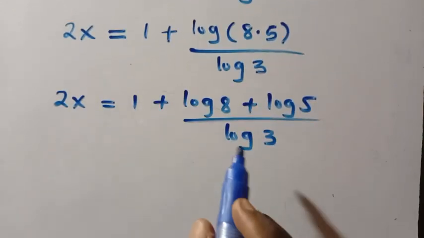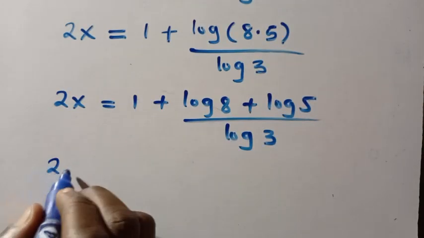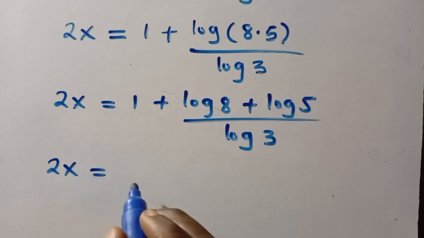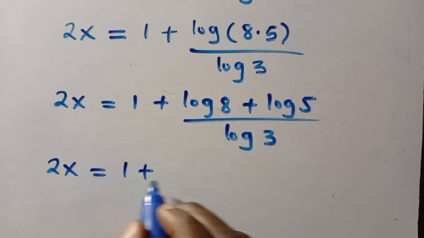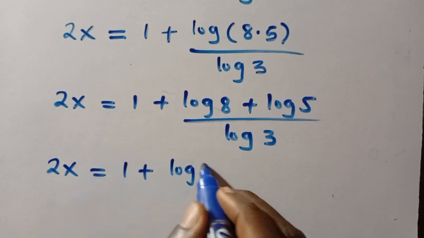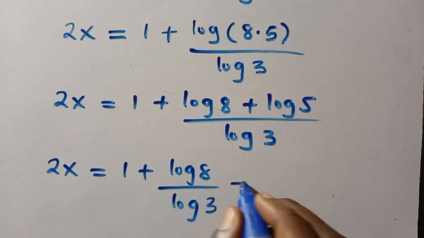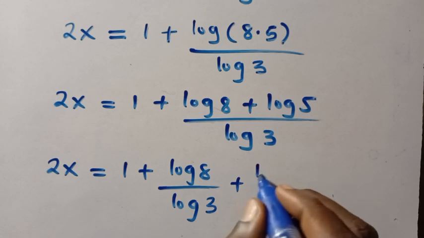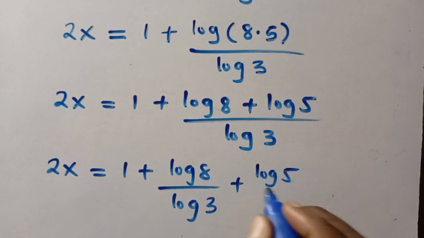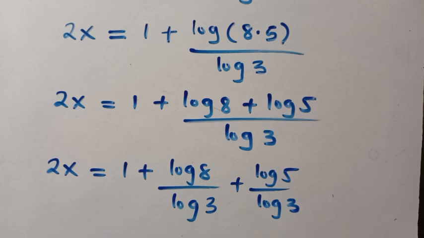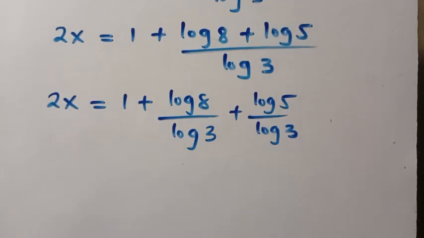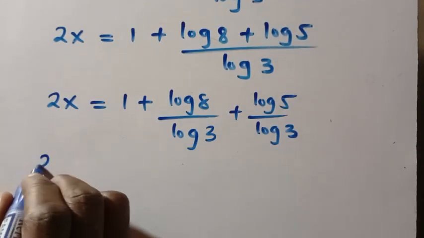Then let's separate this. We have 2x equals 1 plus log 8 divided by log 3 plus log 5 divided by log 3.